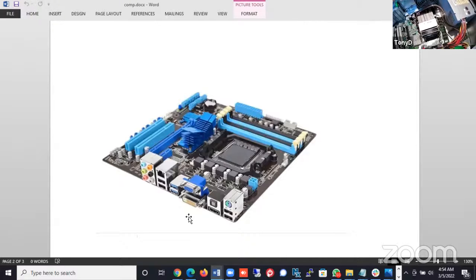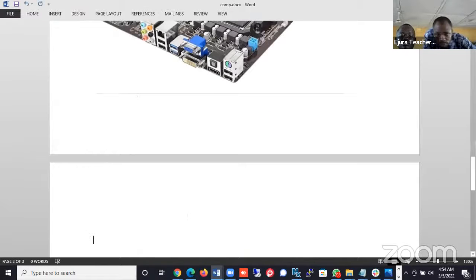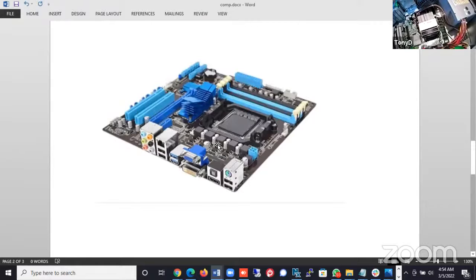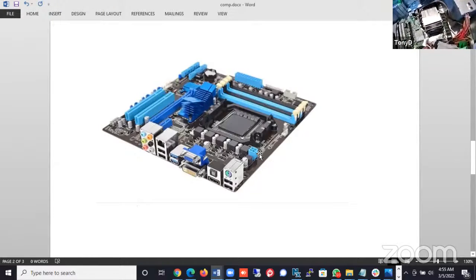Yeah, so these are input devices, and this is the motherboard. And we came to say that, what is a motherboard? If somebody can tell me, what are the functions of the motherboard?